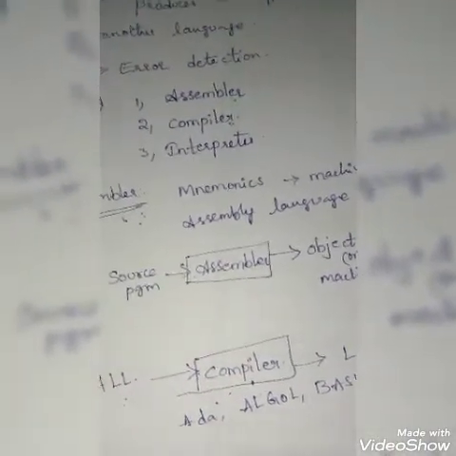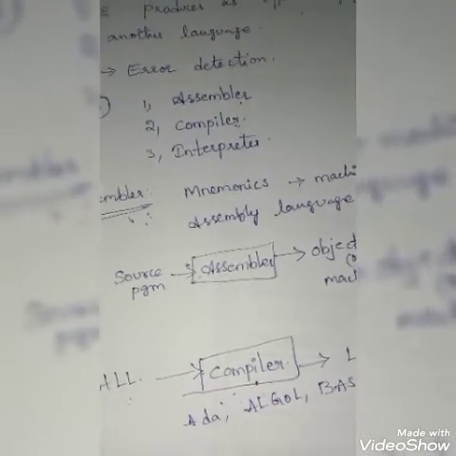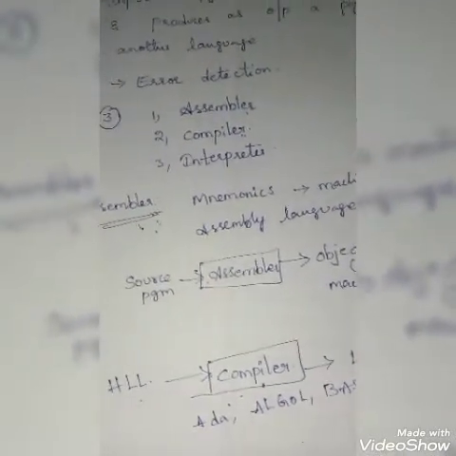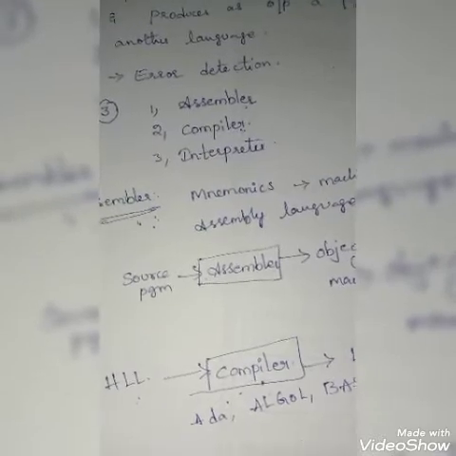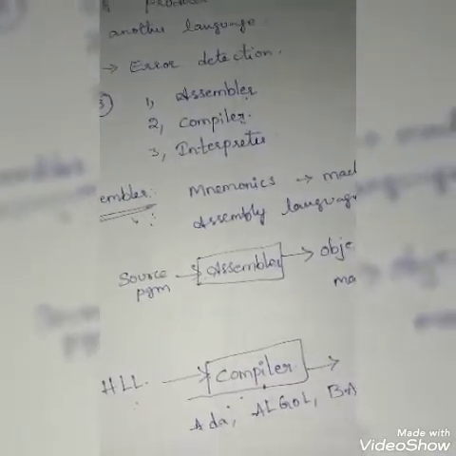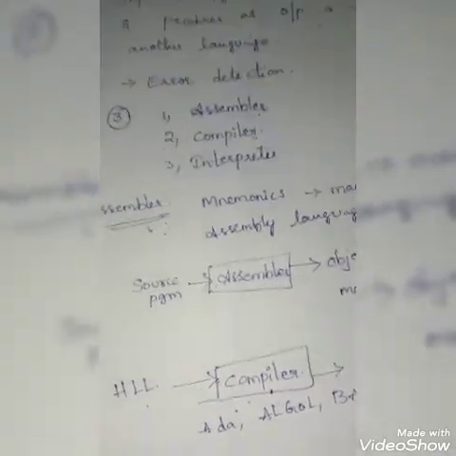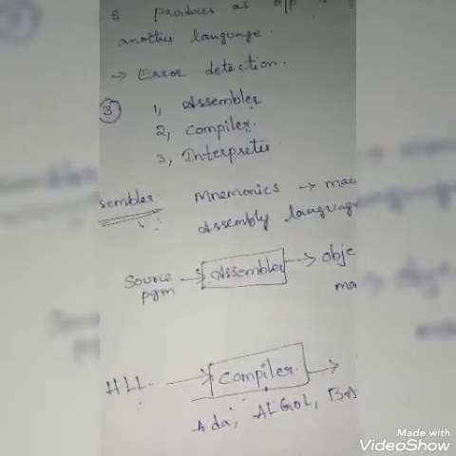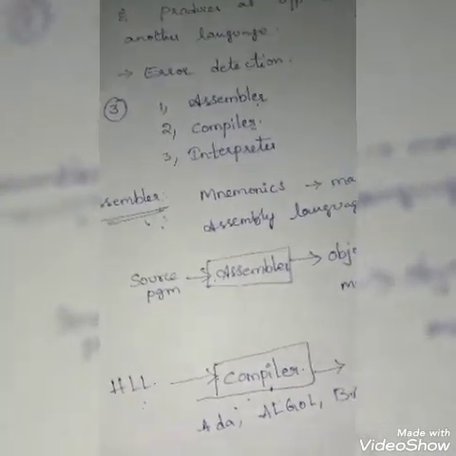Then he needs a translator who knows Marathi, who can translate whatever the person is speaking into Telugu for his friend. So this is the general example of the use of a translator.